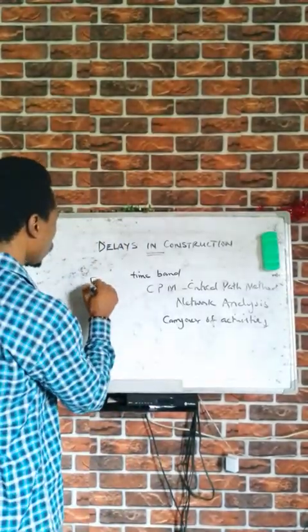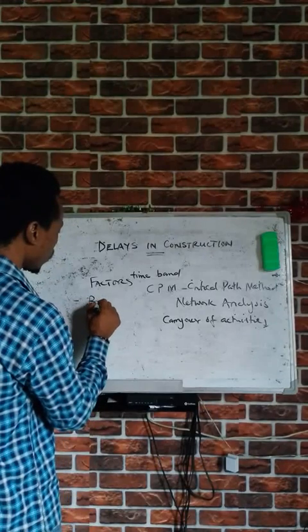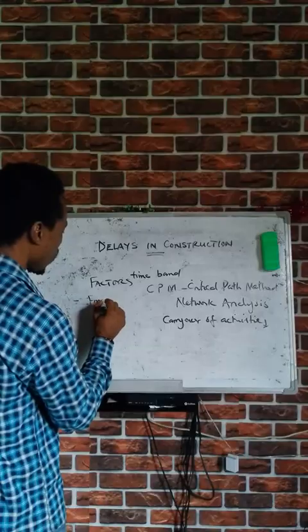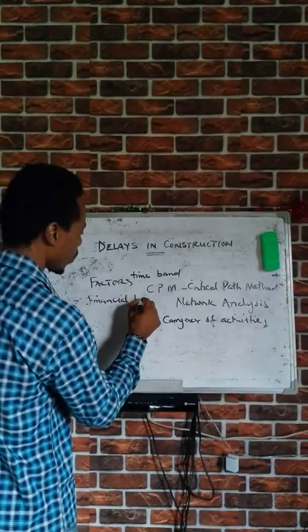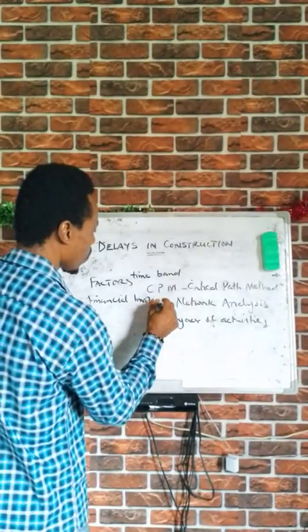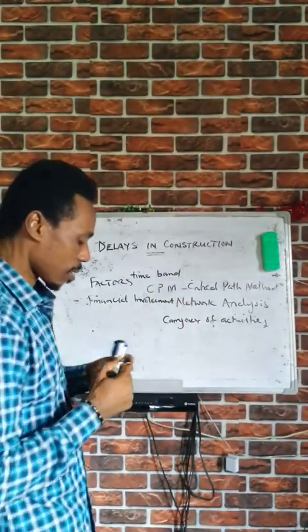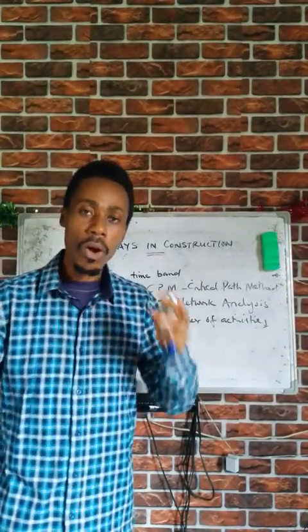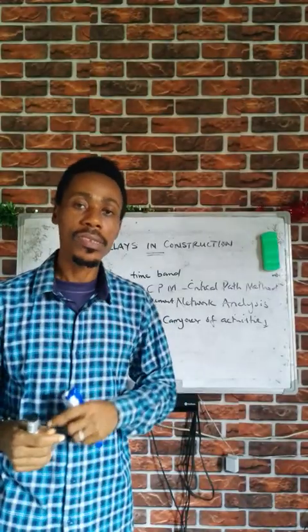But today we are looking at some of the factors that can cause delays in construction. Those factors are: one, the budget, or the financial involvement. Most times you see that the client hasn't known the cost of the entire project presented by the quantity surveyor.